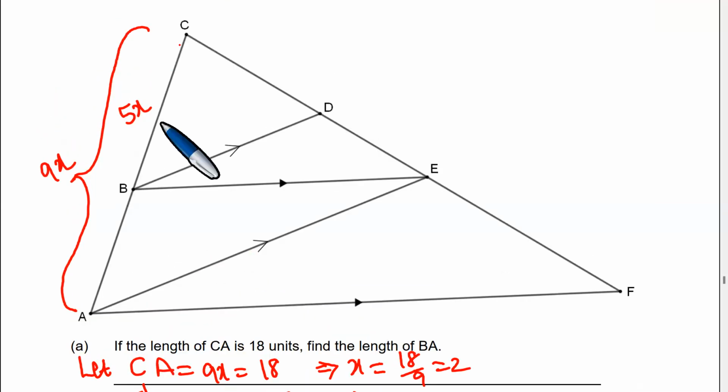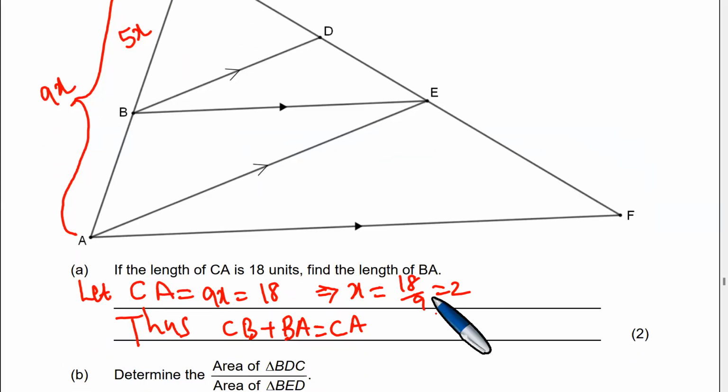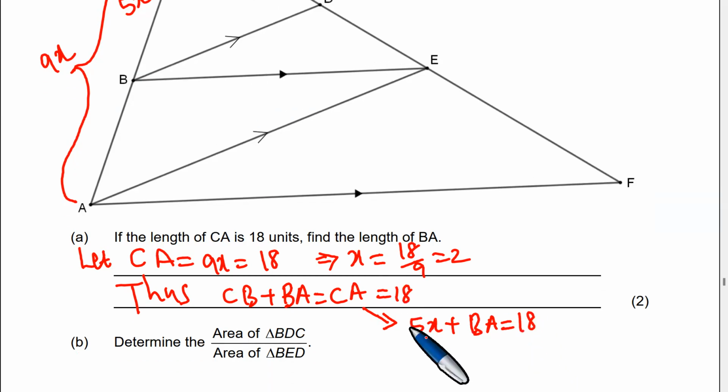We agree that CB plus BA is CA, and CA is 18. If CA is 18, what do we have? We're interested in finding BA. So CB is 5x, plus BA is equal to 18. And then we have 5x, which is 2, plus BA.